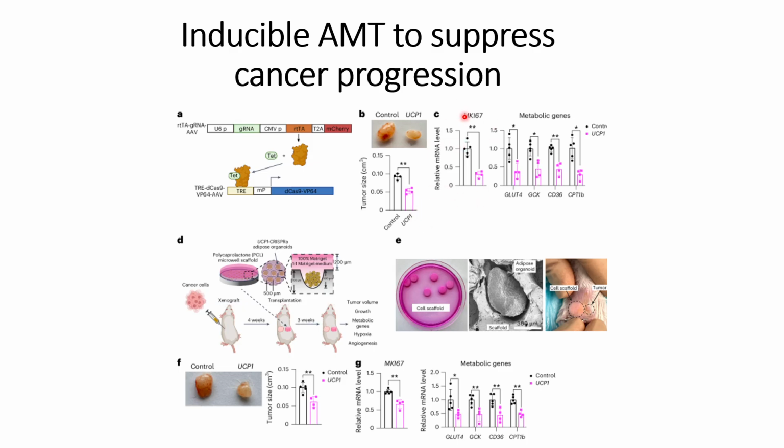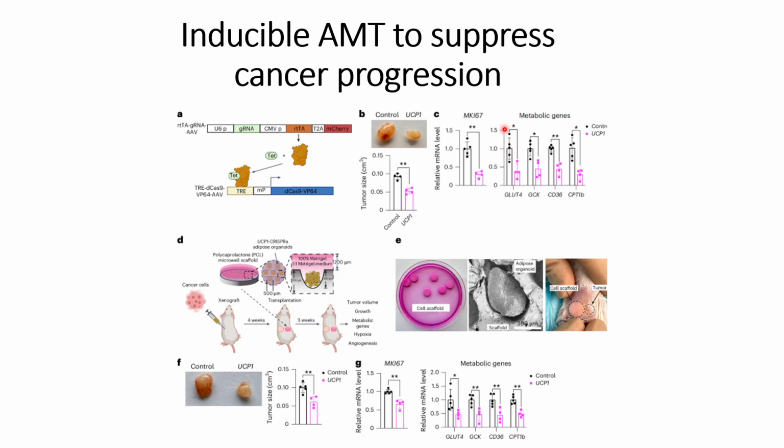Next, they check the proliferation marker, that is MKI67. It also goes down when the adipose with UCP1 genes upregulated is co-transplanted with the tumors, compared to the control case where VP64 genes is co-transplanted.